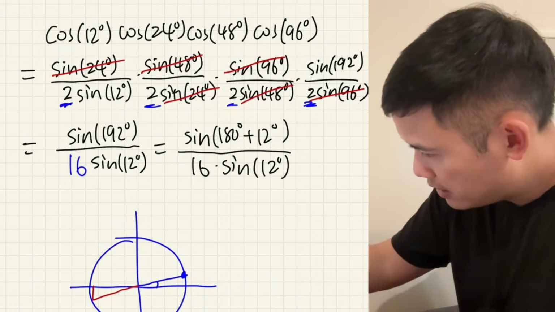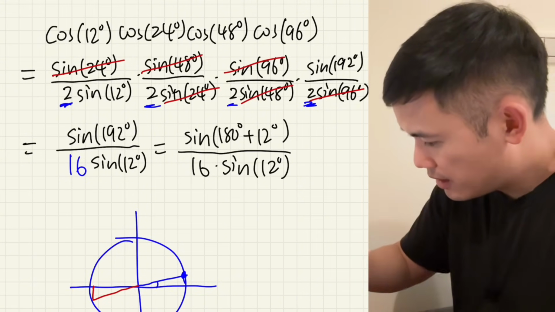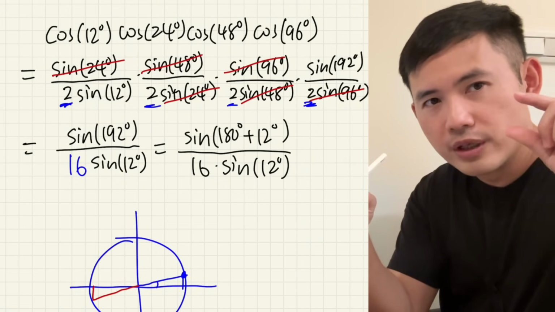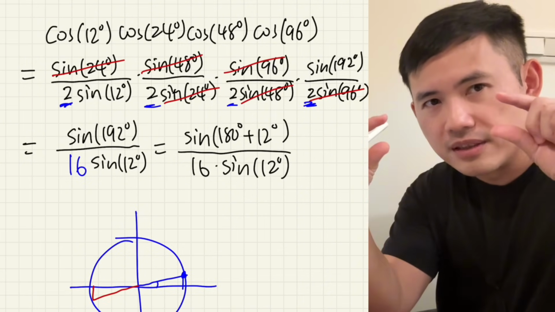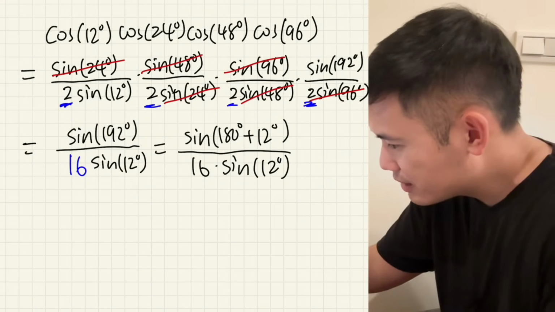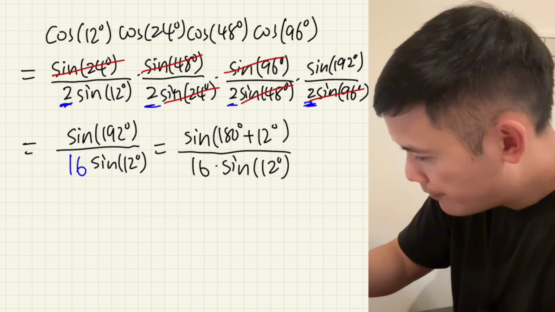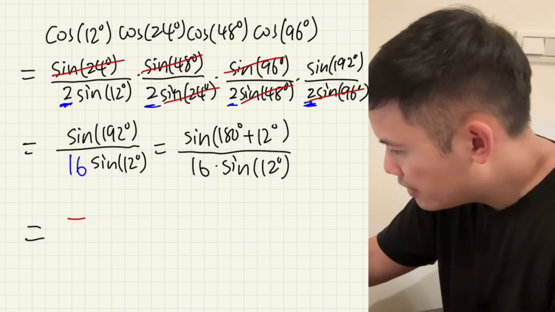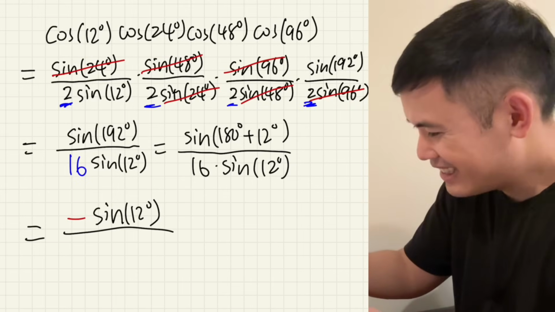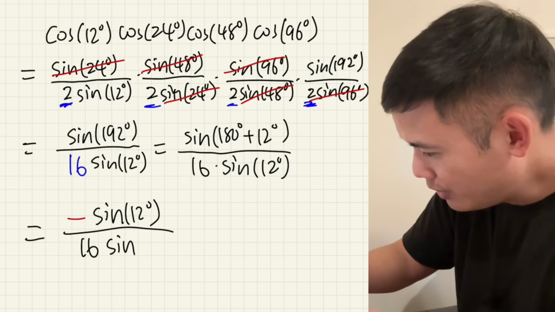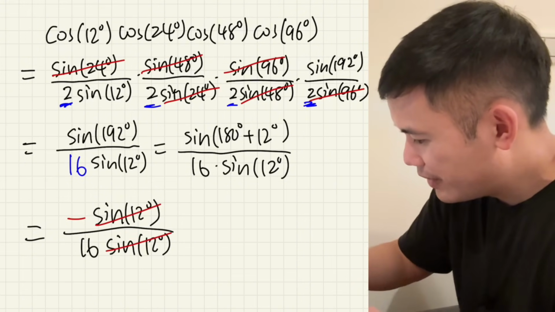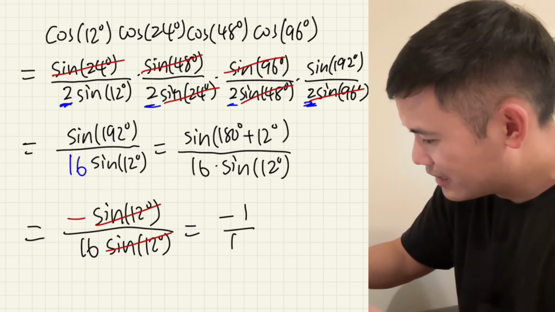So as you can see, sine of 12 degrees is up here, but sine of 192 degrees is down here. The distance is the same, but one is positive, the other one is negative. So all we have to say is the top is just going to be negative sine of 12 degrees, isn't it? And then of course the rest is just more cancellations. Cancel this and that. And finally, ladies and gentlemen, we see the answer is negative 1 over 16.